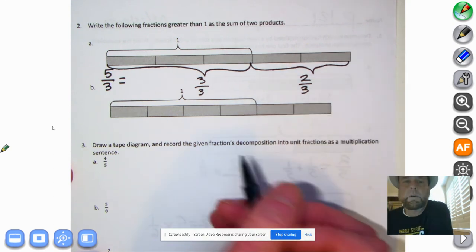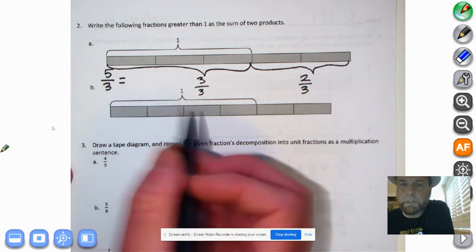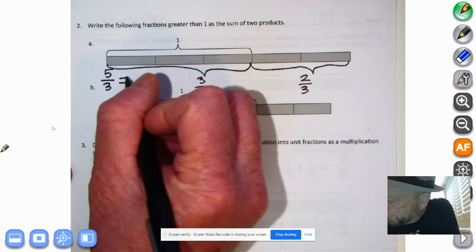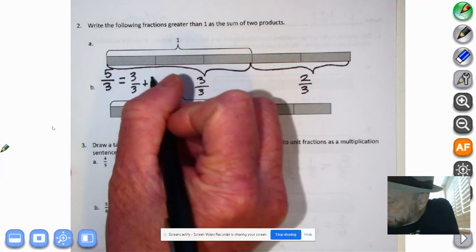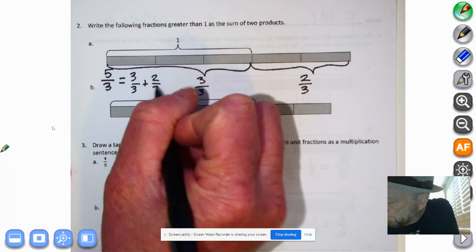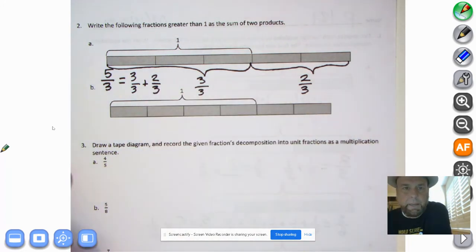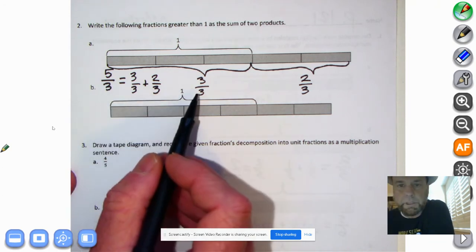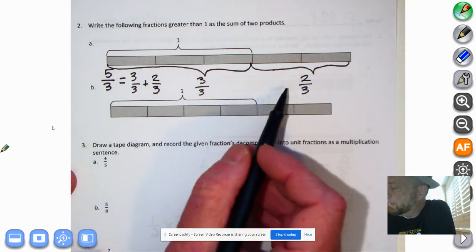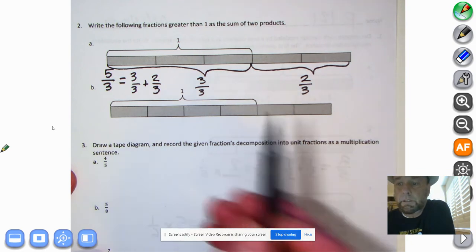So what we could say is 5/3 equals 3/3 plus 2/3. But we could also say this: 3 times 1/3 equals 3/3, and 2 times 1/3 equals 2/3.